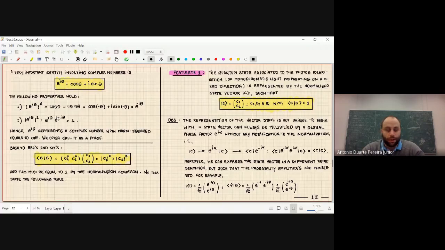Okay, so the norm squared of a complex number that is written as the exponential of i theta is 1. So those numbers that you can represent as exponential of i theta have norm squared being 1, and therefore we call that a phase.